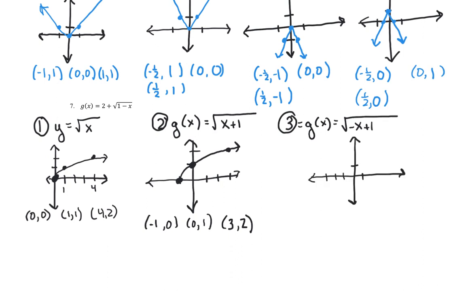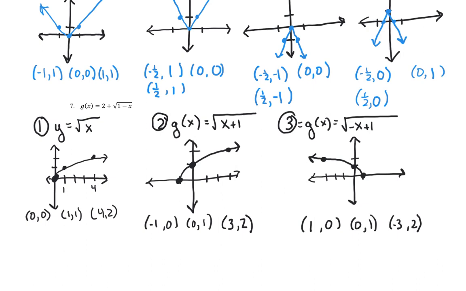And what that means is for all of our x values to our key points, we are going to take the opposite values of those. So this will be +1, this will remain 0, and this will be -3. We'll plot our points, and there's just a bit of a messy example of the graph so far.